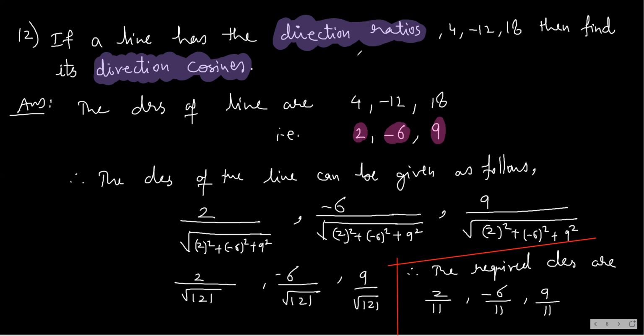But suppose I divide by positive and negative both, then in the next step you will write plus minus 2 upon 11.